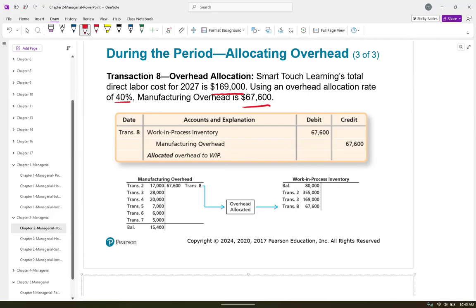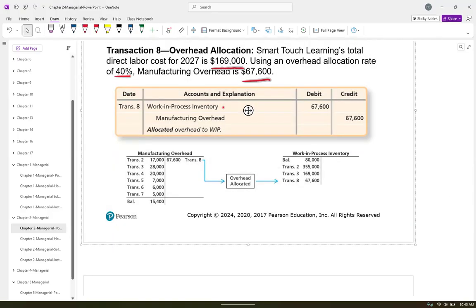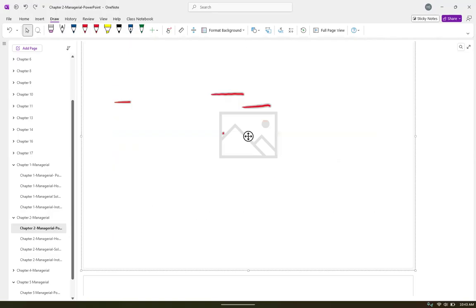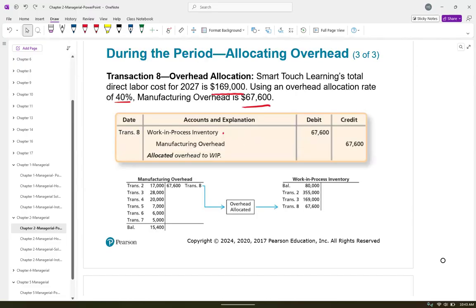So 67,600 gets added to the work in process and it leaves manufacturing overhead. Remember I told you on this manufacturing overhead to think of actual numbers right here and estimate is on the credit side. We don't know if the 67,600 is a good number or not. Okay, we don't know.